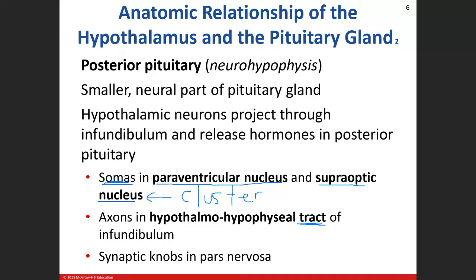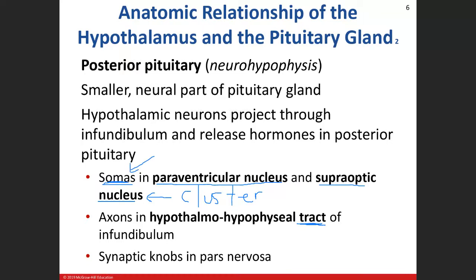Well, yes, neurons, but what part of the neuron? Remember, a tract is the axons, whereas a nucleus is what part of the neuron? The cell bodies, or soma. Soma means cell body.